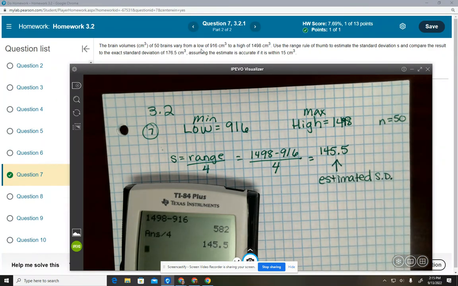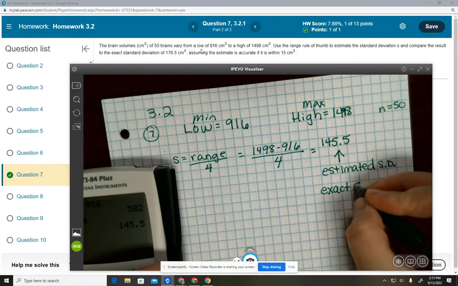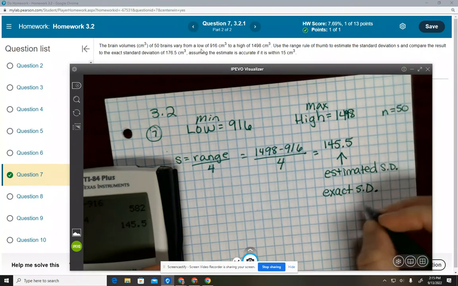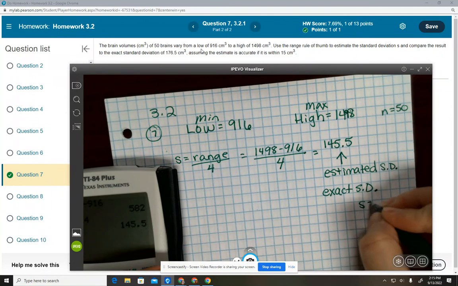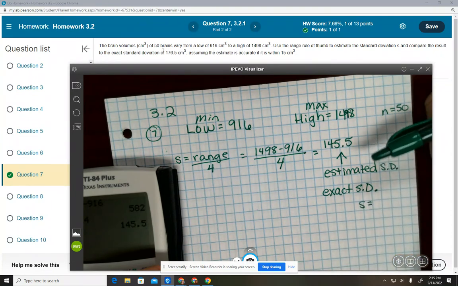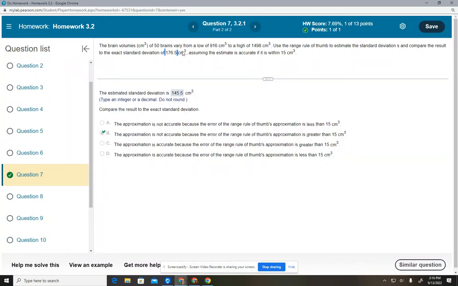And what we're doing is we're comparing that to the actual. They said that the exact from that worksheet was, let me see, exact is 176.5. And we're comparing those.